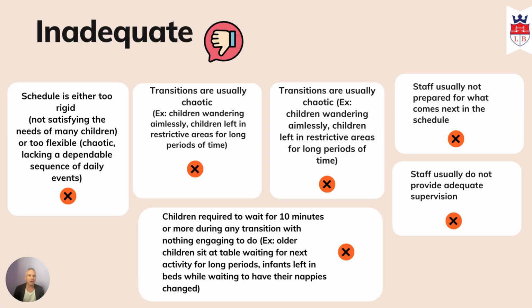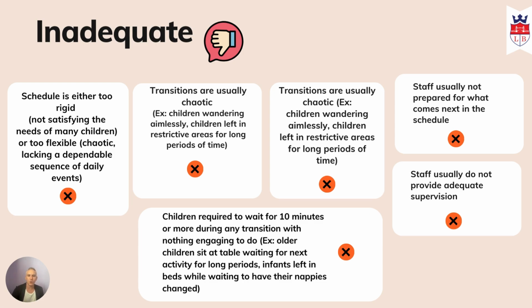So the schedule is either too rigid, so it's not satisfying the needs of the children, or it's too flexible, chaotic, and lacking some kind of dependable sequence of daily events. So if you're doing either of those two things, too rigid or too chaotic, then you are coming out as inadequate.